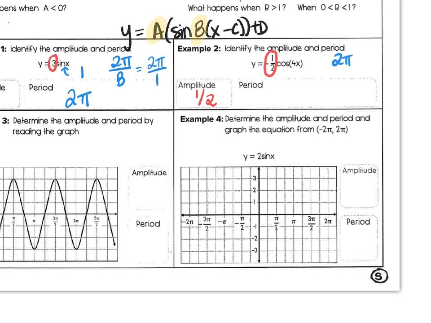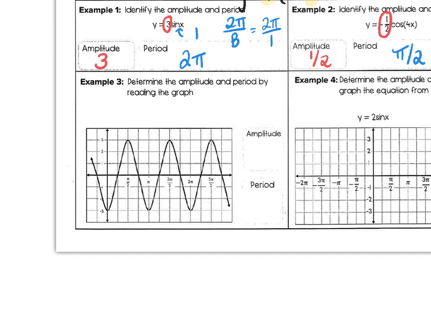Period is 2 pi over b, and in this case our b is 4. Simplify that, 2 and 4, pi over 2. So the period is pi over 2. It is shorter than our parent function, so it's going to be repeating more quickly because we have a shorter period. All right, let's look at a graph and determine this.